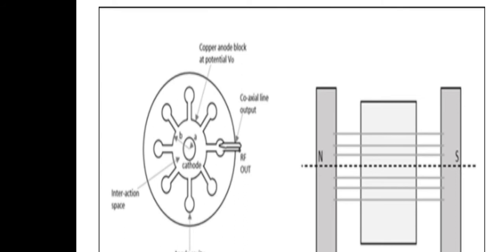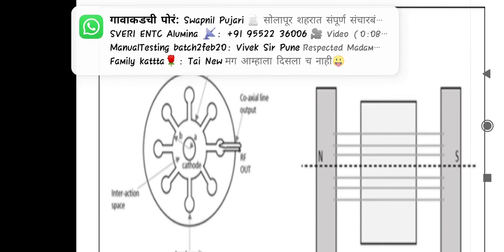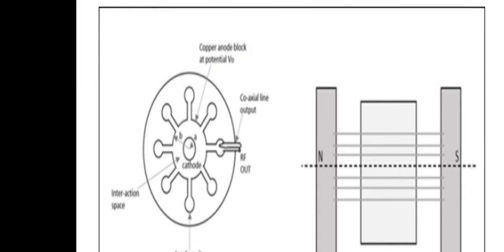The space between the anode and cathode is the interaction space, and one of the cavities is connected to a coaxial line.